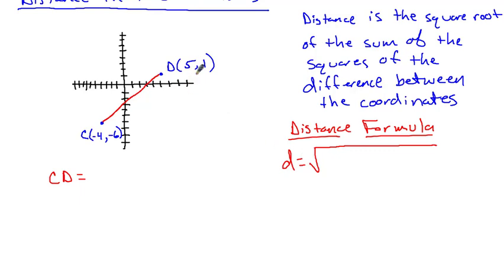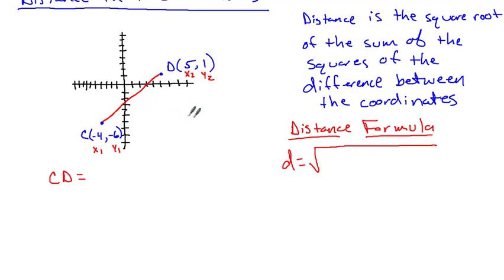So our coordinates here are -4, -6, and 5, and 1. So this is going to be x1, y1, because this is x and y of point C. This is going to be x2 and y2, the x and y of point D. I can't call them x and x, right, because there's two of them.